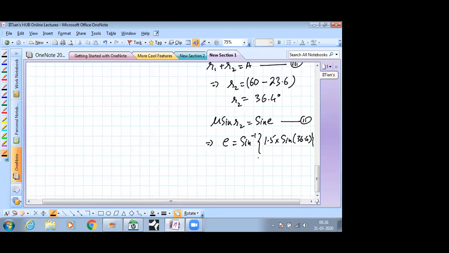But anyway, I'm using a calculator, so I'm going with that. That is very close to 0.6 into 1.5, so that will give me very close to 0.9. Now I'll calculate the sin inverse of that, and that will give me about 62.9 degrees. This is what I'm getting as the angle of emergence.